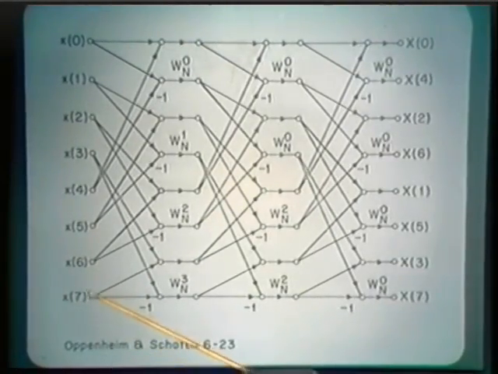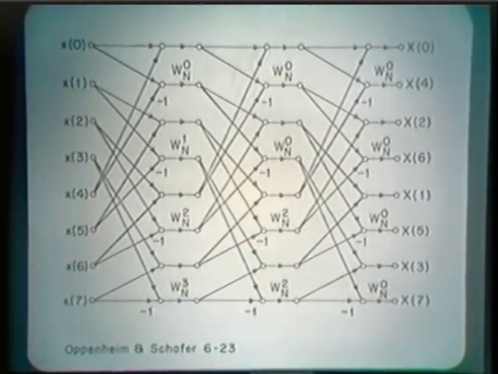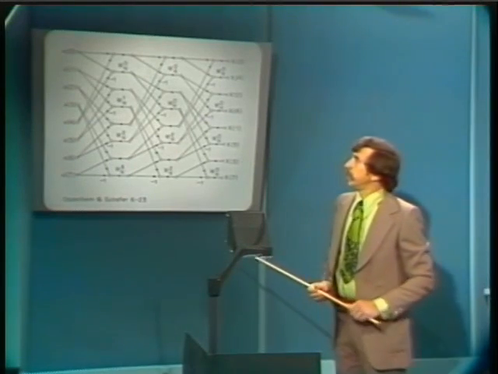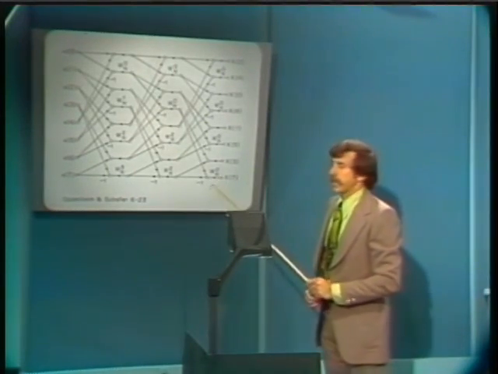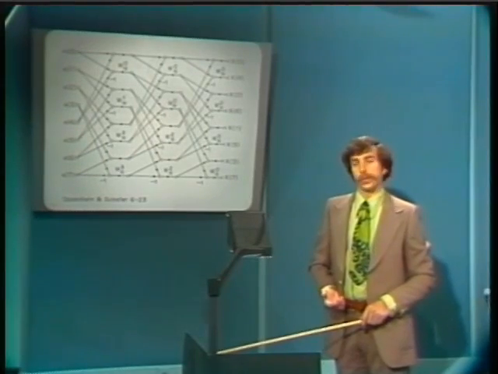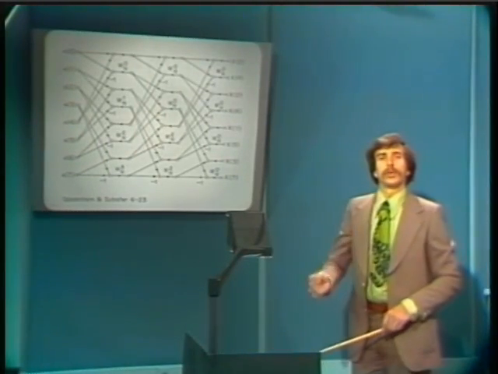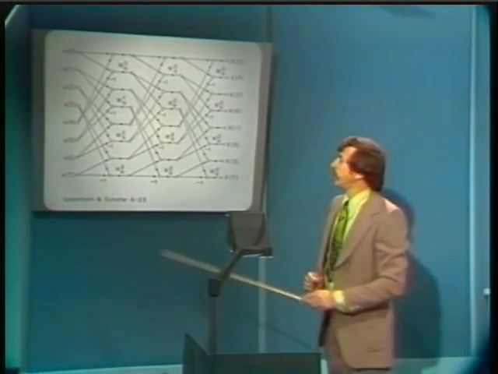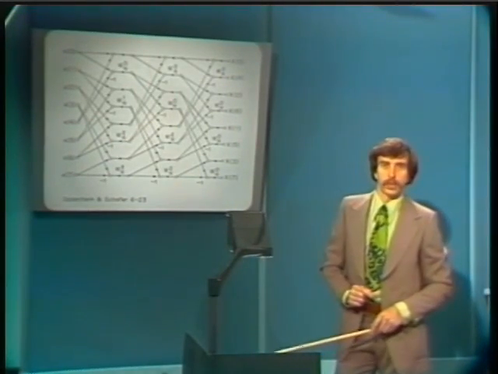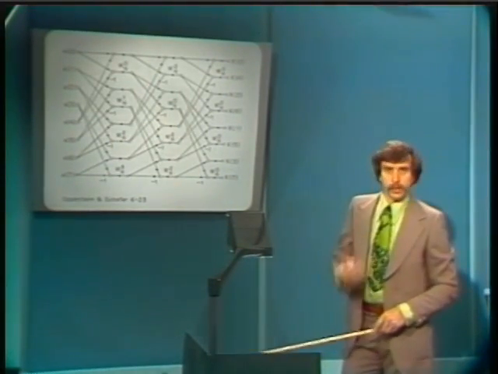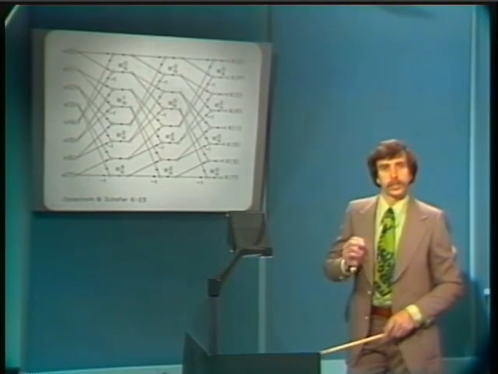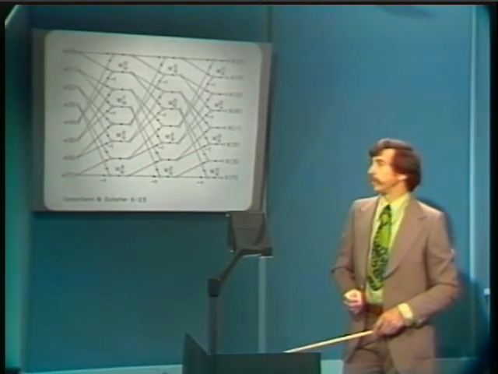All right, so the indexing is identical from stage to stage. And just as we had previously, we can implement this algorithm by utilizing sequential memory as opposed to random access memory, although the organization of the memory for the decimation-in-frequency form of the Singleton algorithm is somewhat different than the organization of the memory for the decimation-in-time form of the Singleton algorithm.